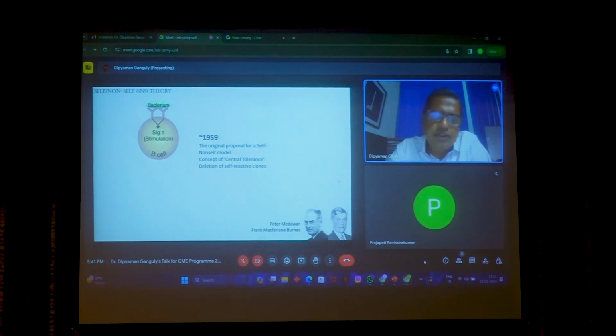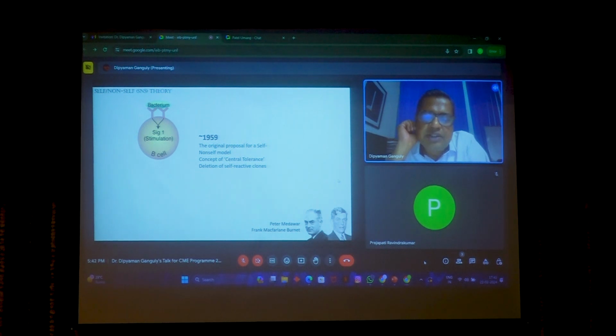What was their model? They found that when they were transplanting, say, skin from one mouse to another, and if they exposed the recipient mice at a very young age to some cells of the donors, and then came back with the transplant later in life, that transplant was accepted.